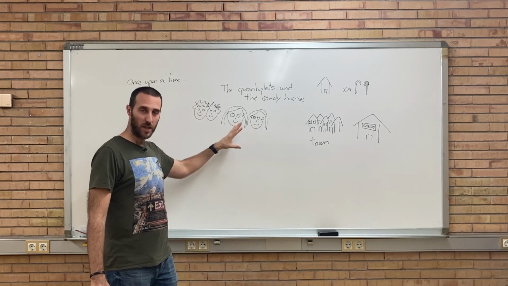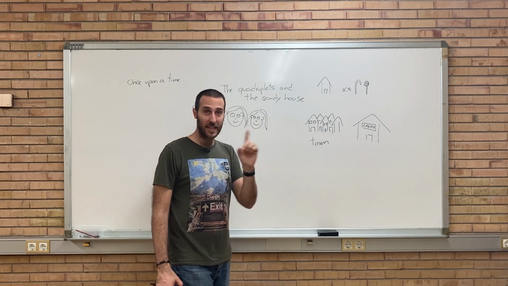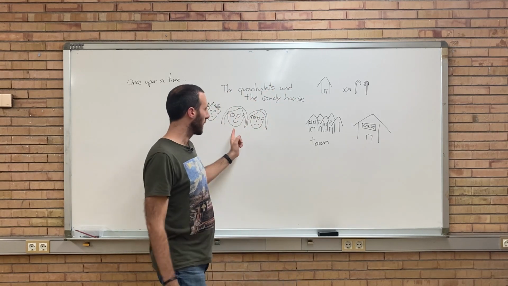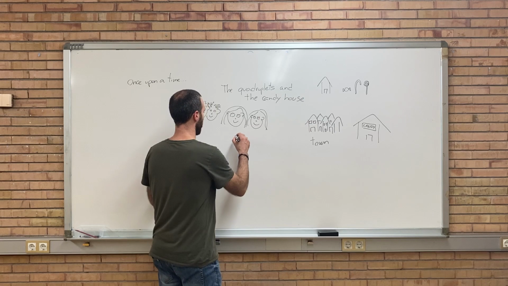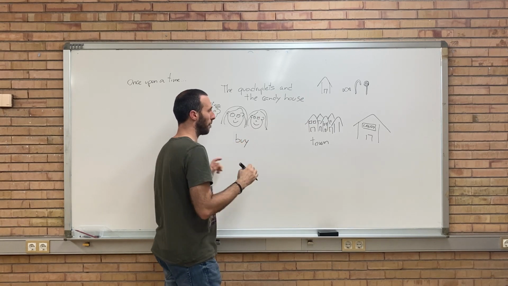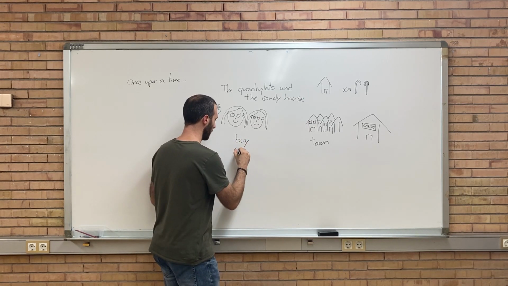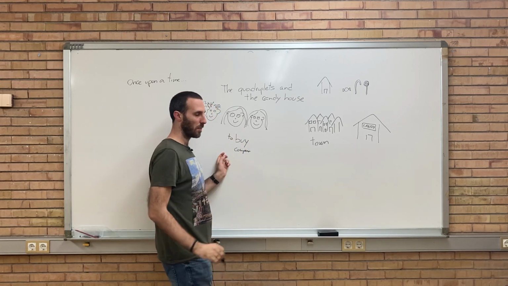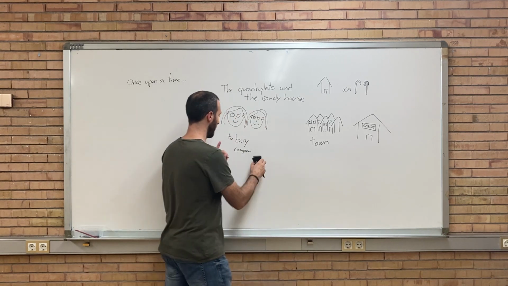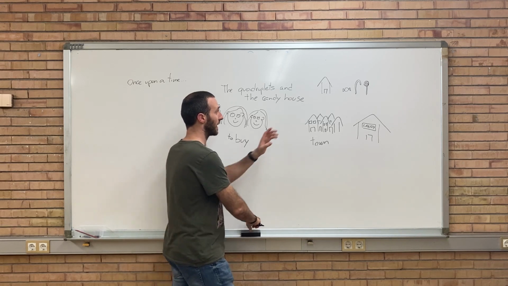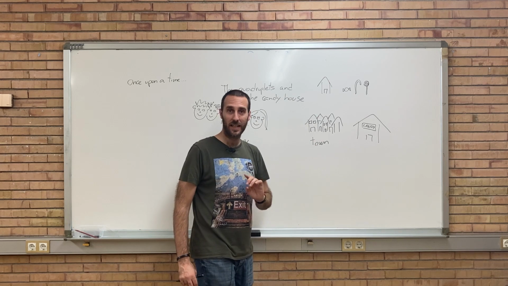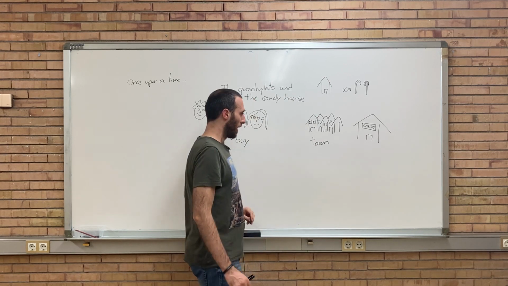The quadruplets, the 2 boys and 2 girls, did not have money, so they could not buy. To buy means that they could not buy candies in the shop because they didn't have money.